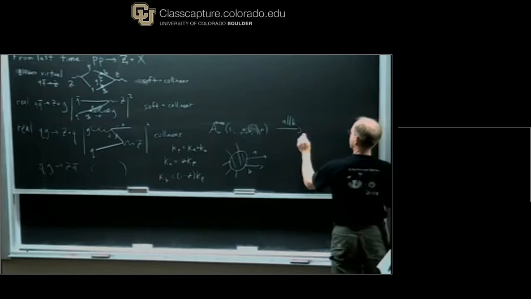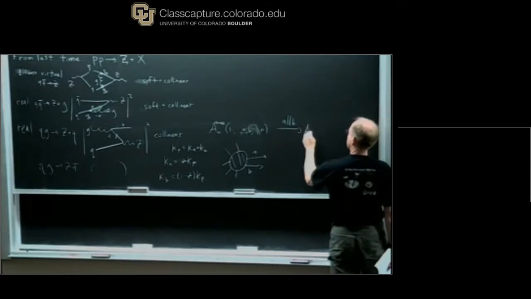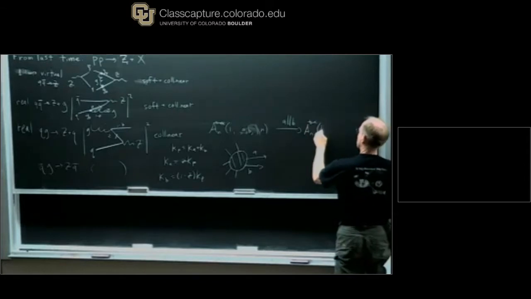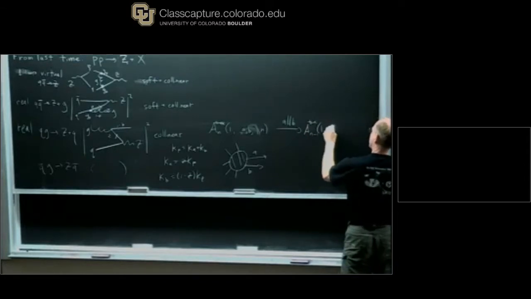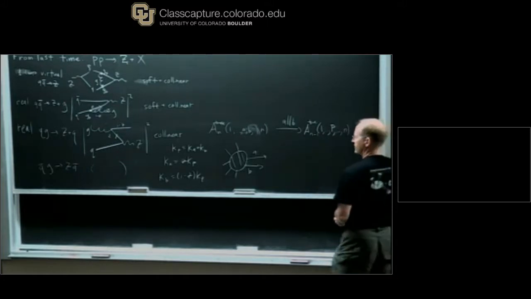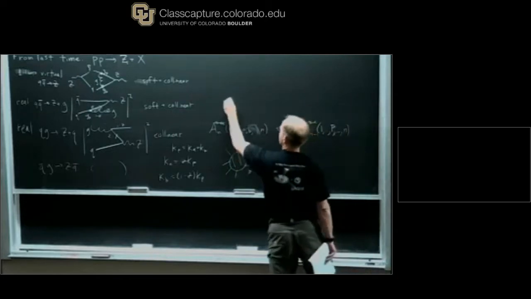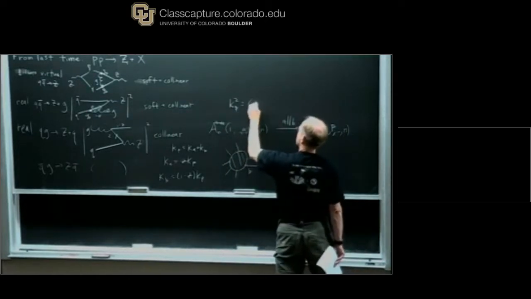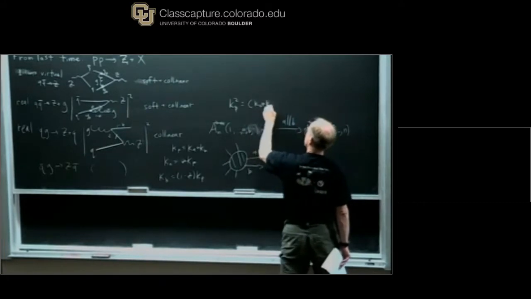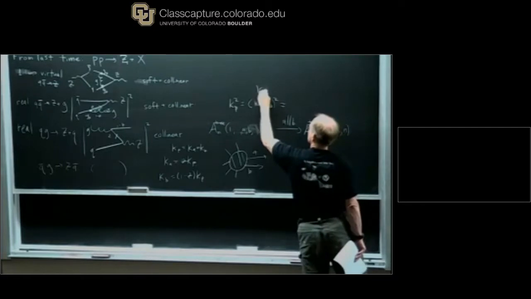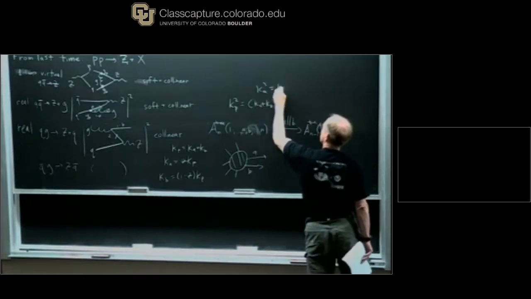This factorizes into an n minus 1 point amplitude, where we replace legs A and B with the sum of their momenta, P. And that will be almost on shell, because K_P squared is (K_A plus K_B) squared, and K_A squared and K_B squared are 0.